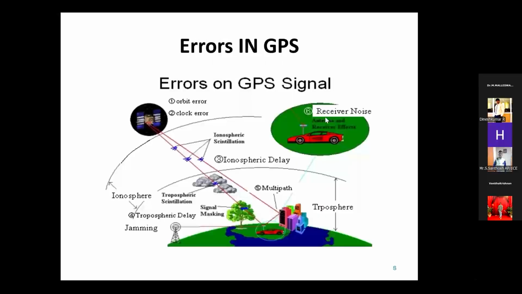So with that, I'm moving to the slide on GPS errors, which I also explained. Now, since GPS has this kind of errors, we need some supporting navigation system, an alternative or complementary navigation system for GPS.